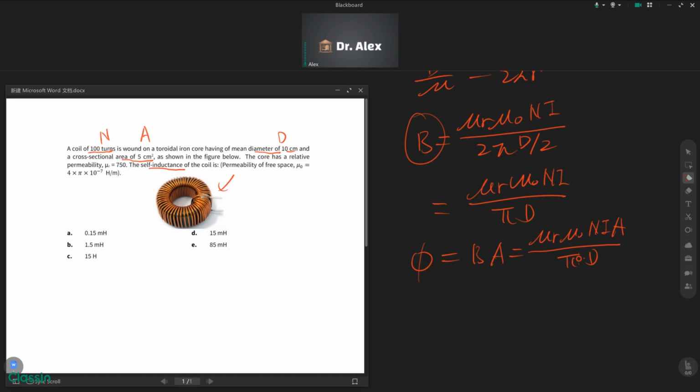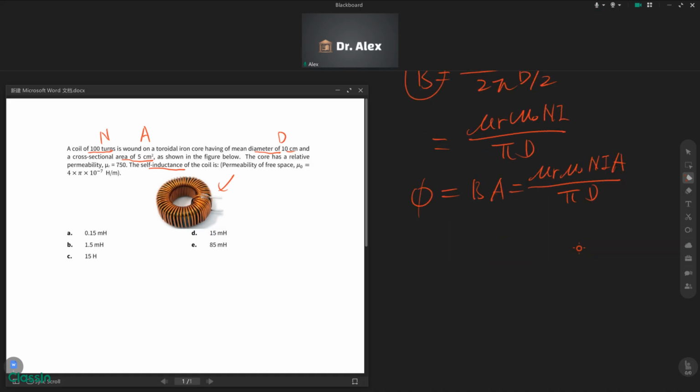And finally, we can directly get the value of inductance, which is phi divided by I. But remember, this I is the current that is flowing inside one single wire, which means it's phi divided by I divided by N. It's not the current in the coil, it's the current in the single wire.